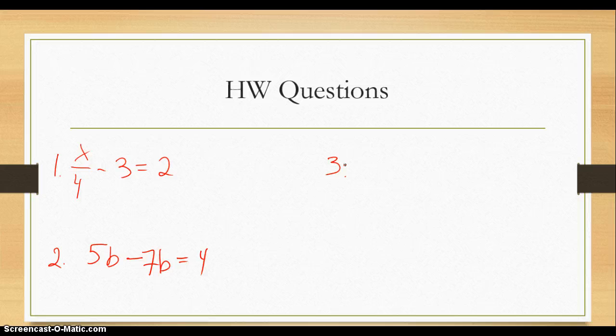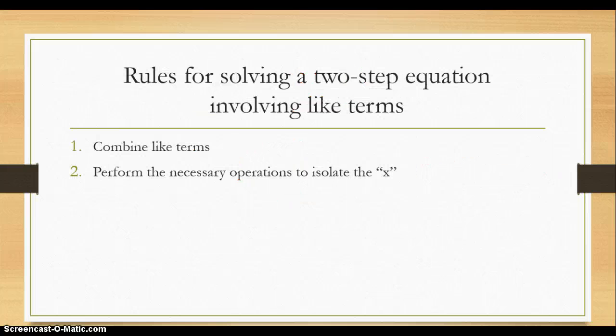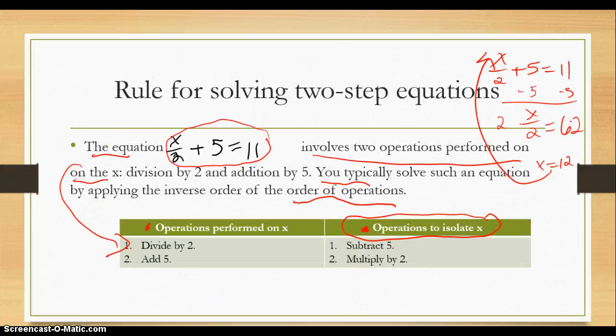And number 3: 4y minus 4 equals 16. Okay, so solve those problems. Make sure you go back and truly understand the rules here for solving two-step equations involving like terms, and the rules here for solving a two-step equation.